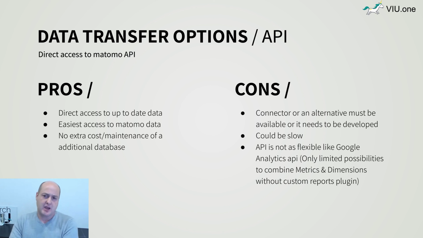The Matomo API is not as flexible as the Google Analytics API. In Google Analytics, you say, I want to have that dimension with that metric and combine them and use them. That's not so easy with the Matomo API.